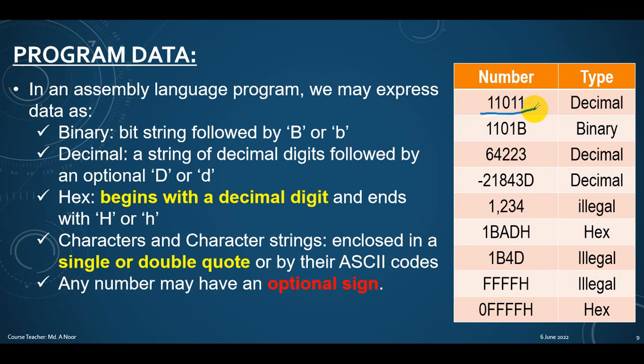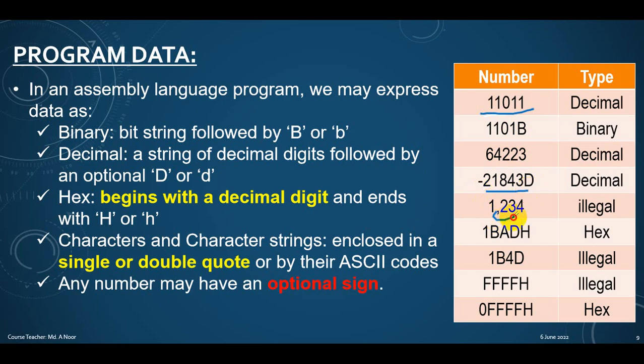Yes, no symbol is given, no indicator, either B or H or D. By default, if you write a number, your assembler will treat it as a decimal value. If you want to make it binary, then you need to write a small or capital B. Now tell me the third one. Decimal. Okay. The fourth one: decimal, it has a sign.